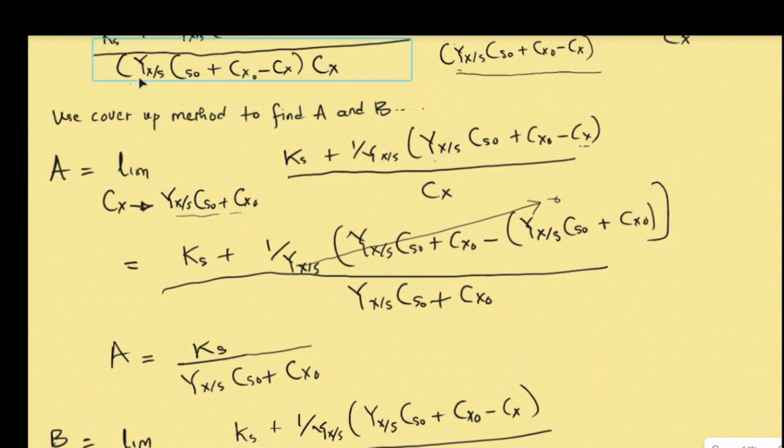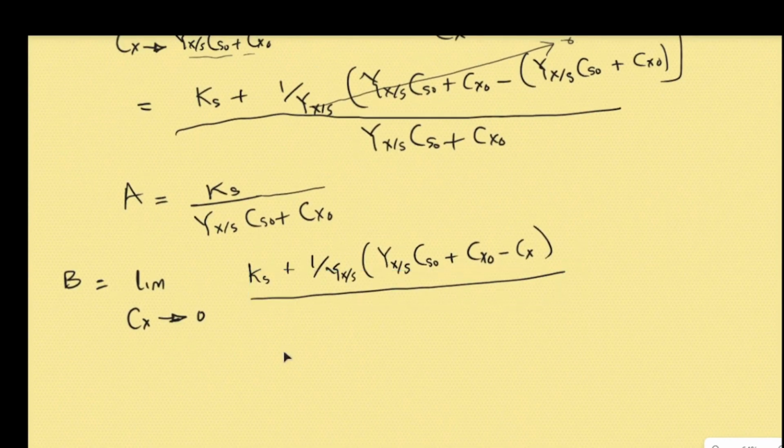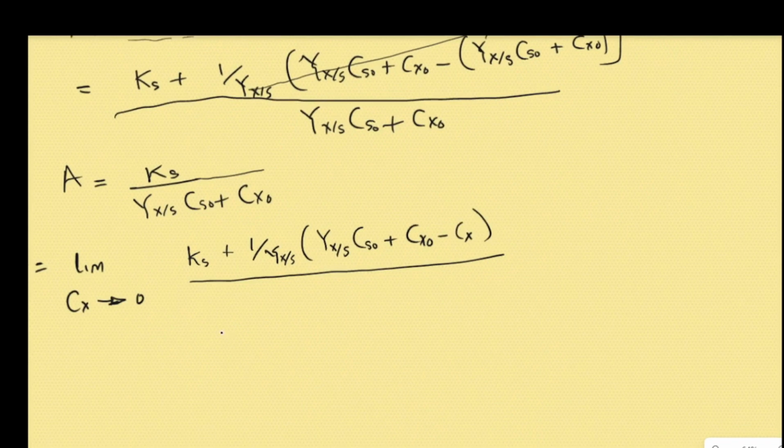So when we cover it, we'll be left with only this particular linear factor, which in our case is y x of s c s naught plus c x naught.